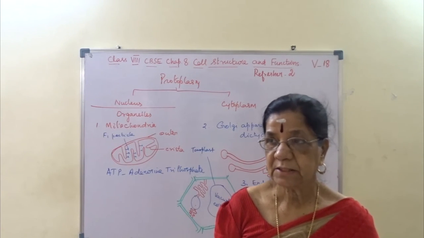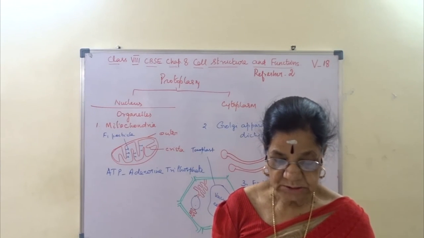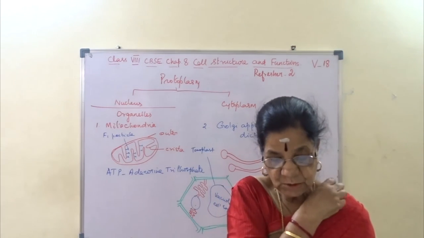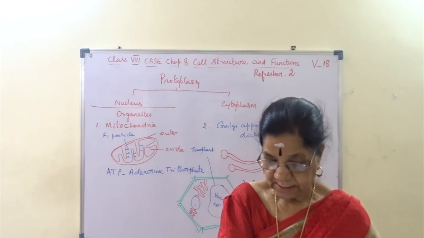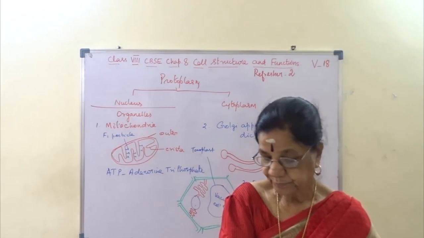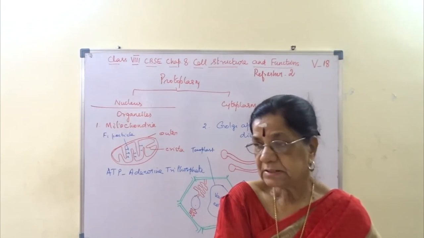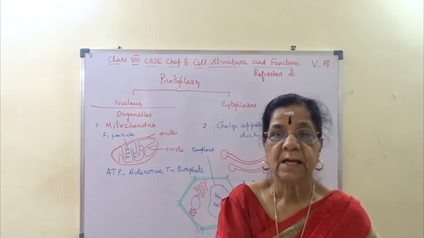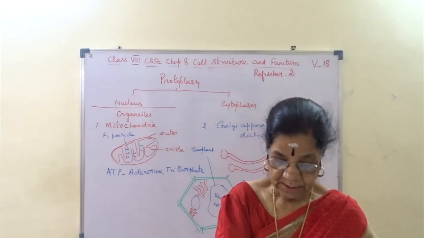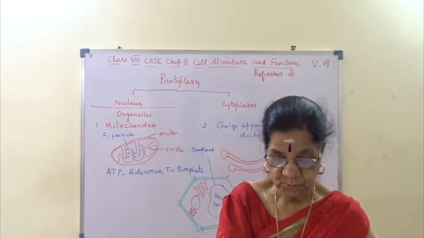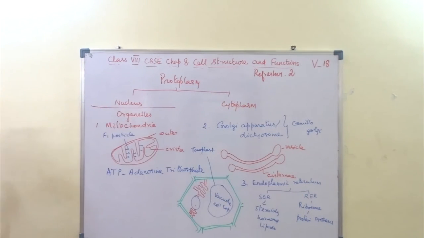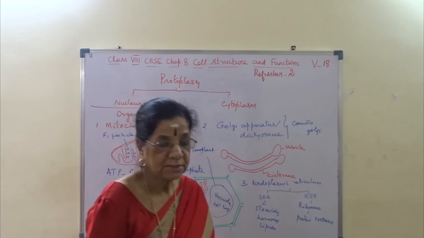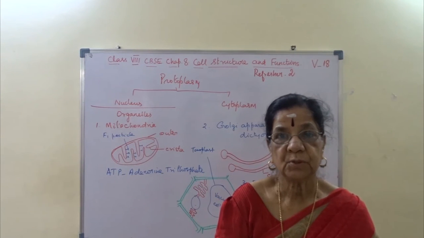So the function of the vacuole: it stores and concentrates mineral salts as well as nutrients, and it maintains proper osmotic pressure in the cell to maintain its rigidity. I hope you follow this.